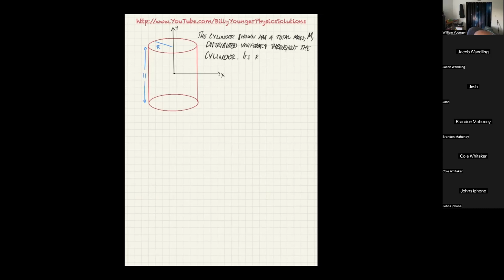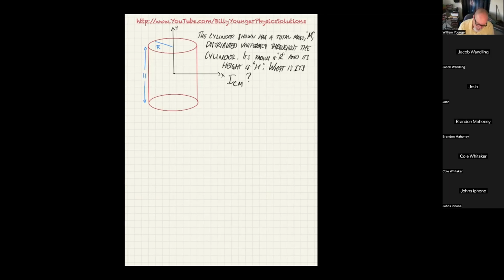Its radius is R, and its height is H. What is its I_CM? Okay. And I really should say a little bit more than that.